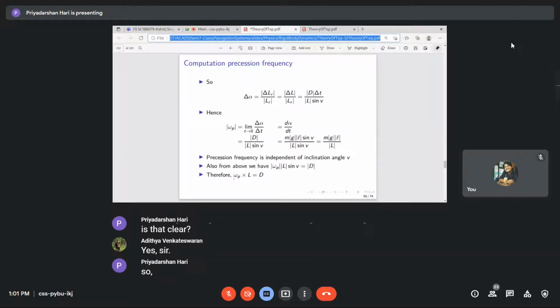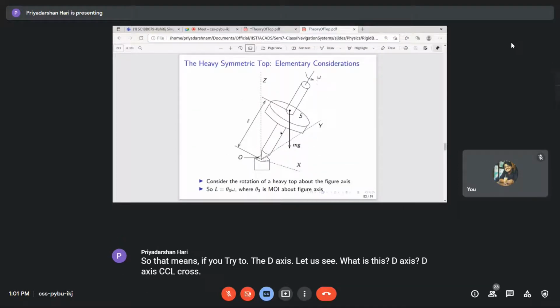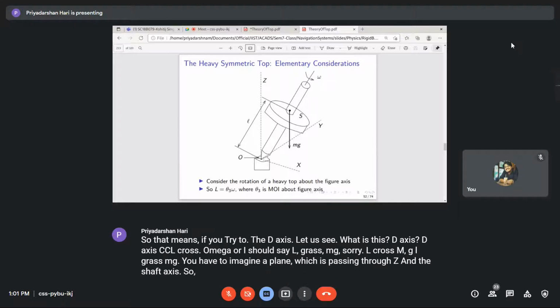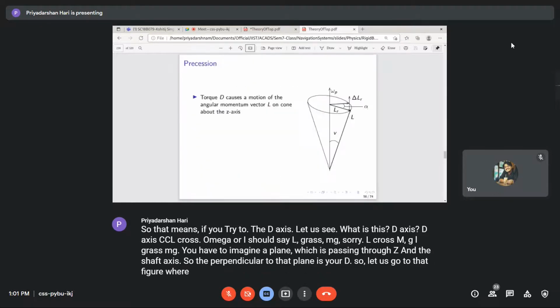So that means, let us see what this D axis is. D axis is L cross mg, sorry. L cross mg: you have to imagine a plane which is passing through Z and the shaft axis. The perpendicular to that plane is your D. So let us go to that figure where these axes are shown.